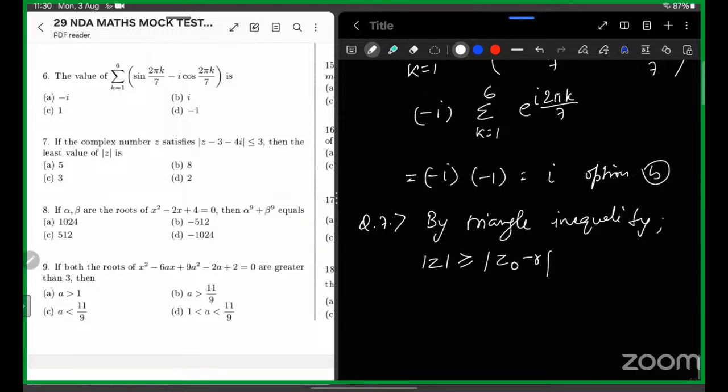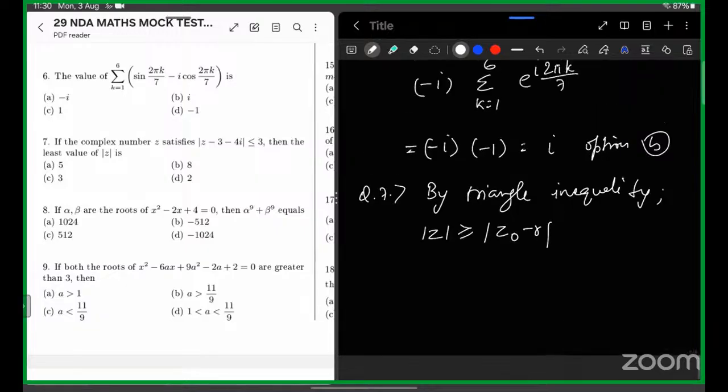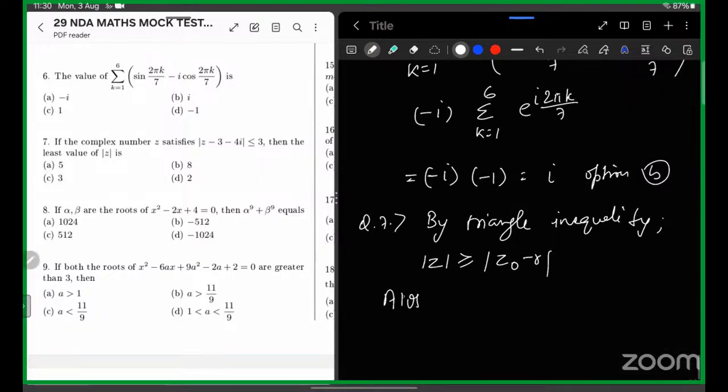Mod z will always be greater than or equal to mod z naught minus r. So in the question, what is that z naught value? According to the question, they have given us this value that mod of z minus 3 minus iota is less than equal to 3.